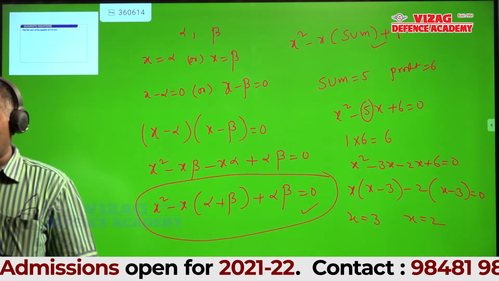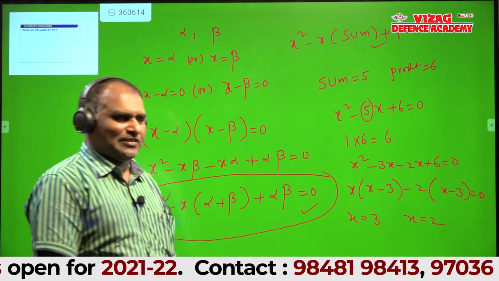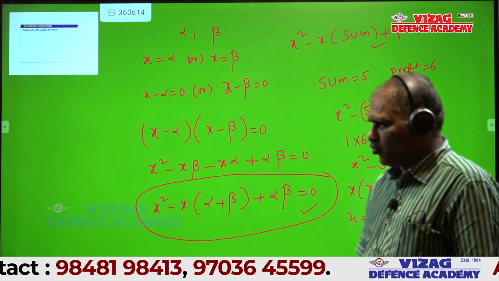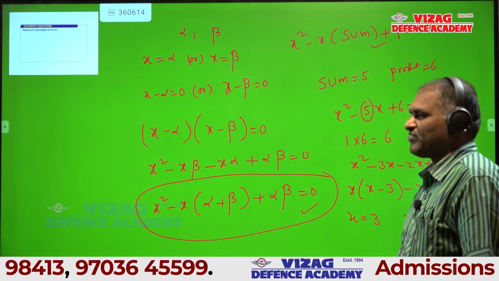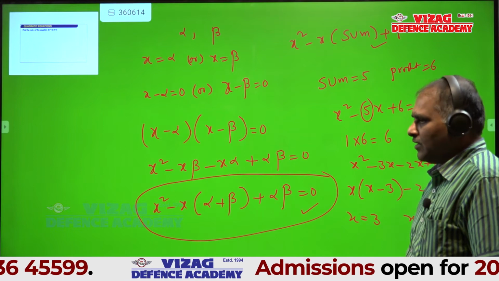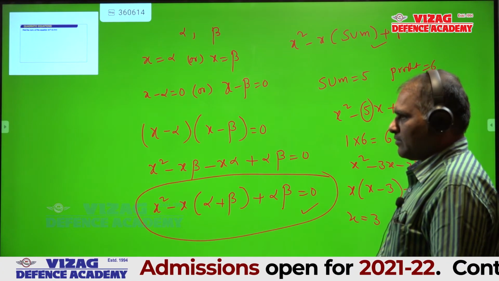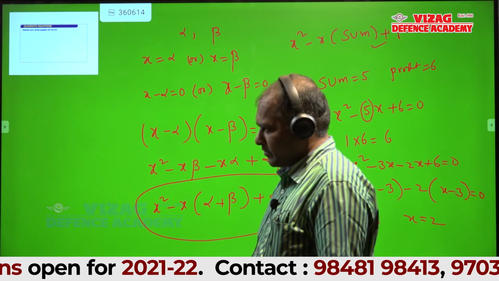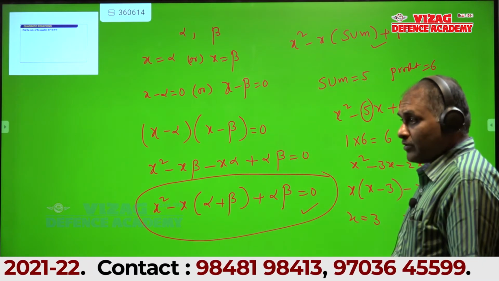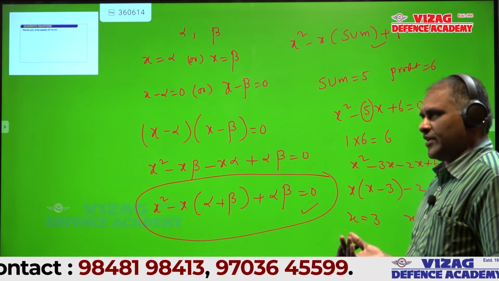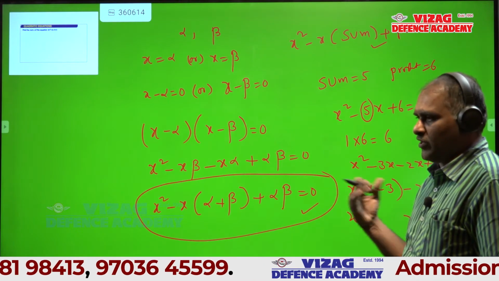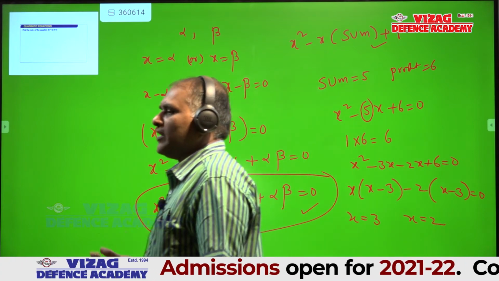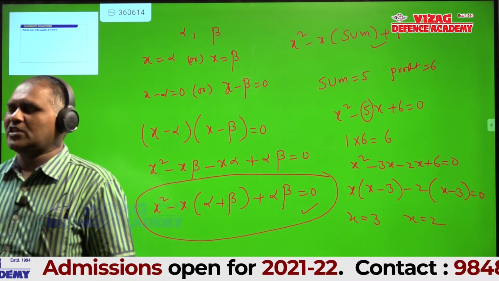Also, x square minus x into sum of the roots plus product of the roots. This is the formula to find the quadratic equation when roots are known.